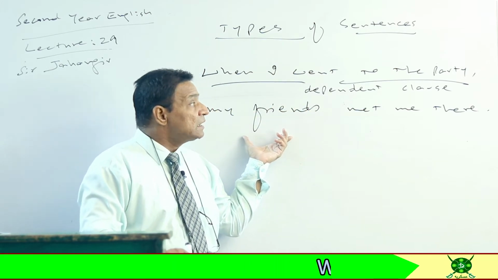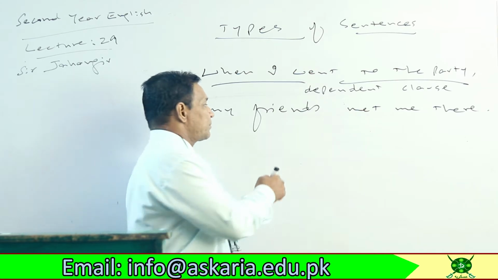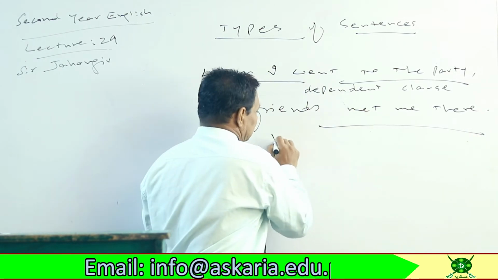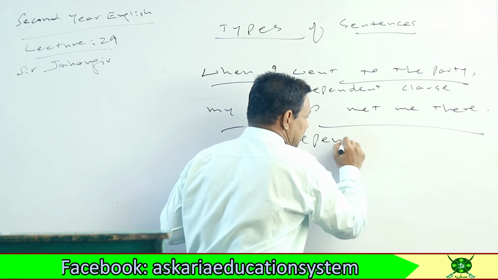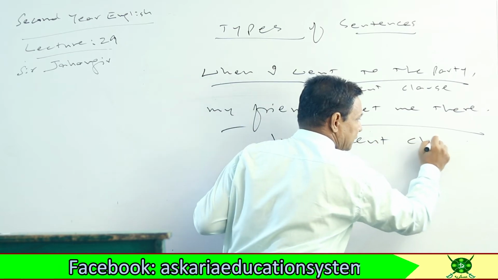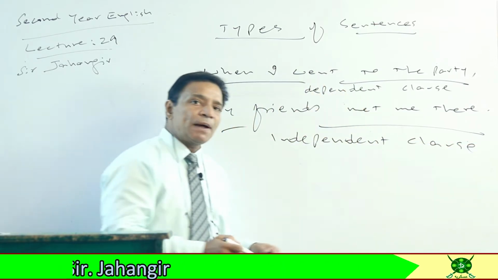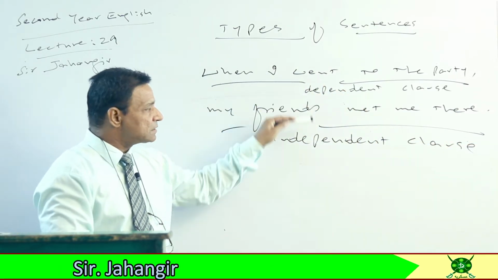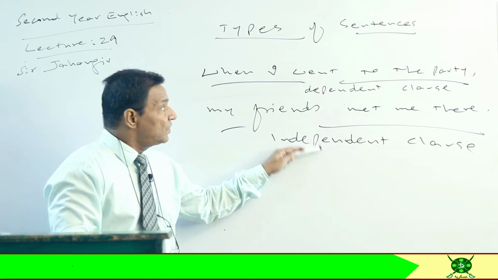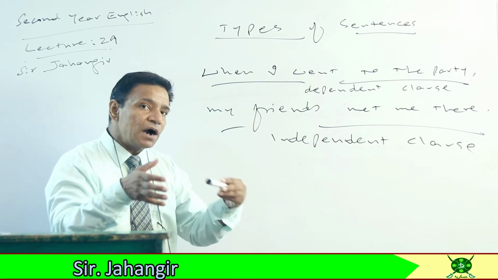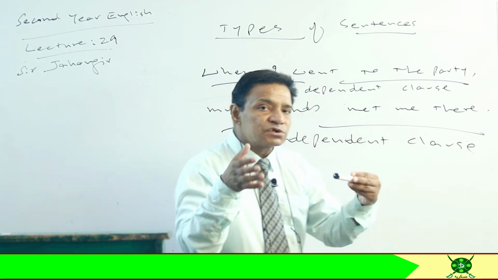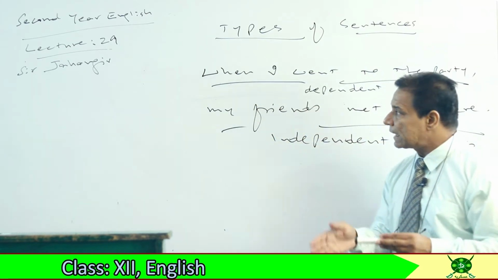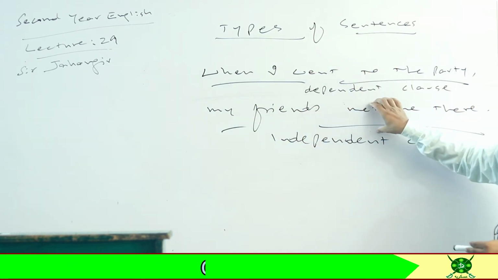So this is called independent clause. Dependent and independent clause. These two sentences are a part of a bigger sentence. That's why these are called clauses.